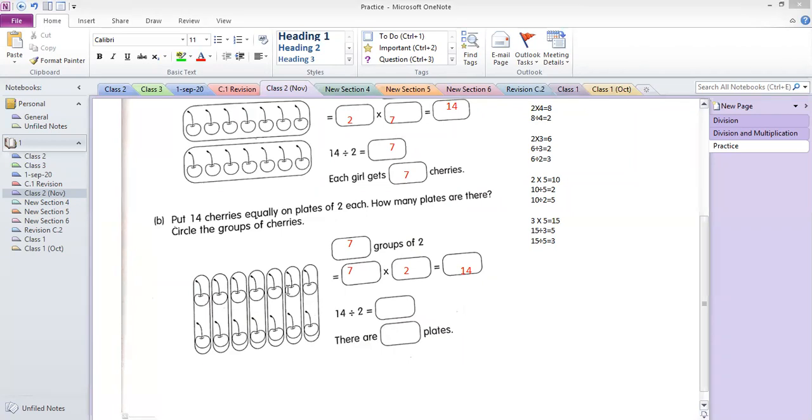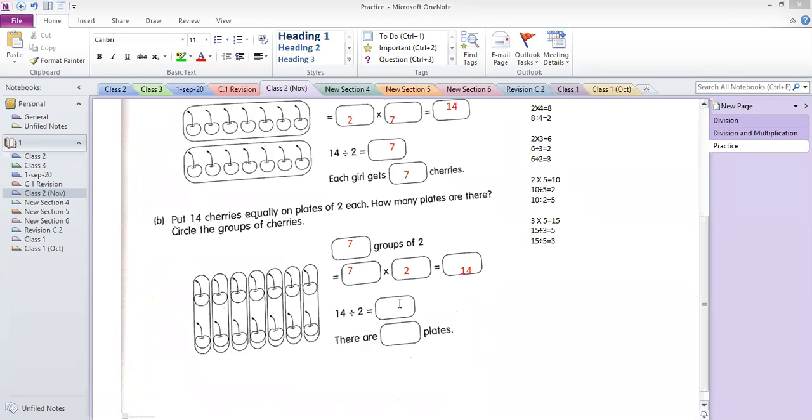In one plate, you have how many cherries? 2 cherries. And there are total how many cherries? 14 cherries. If you want to know the plates, you divide 14 by 2 as there are 2 cherries in one plate.